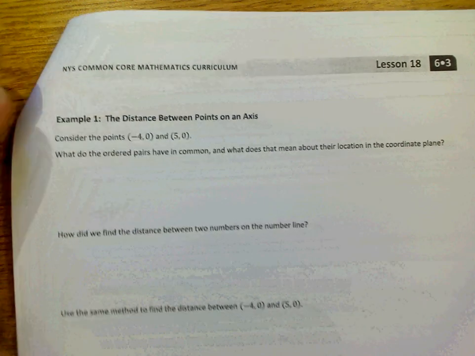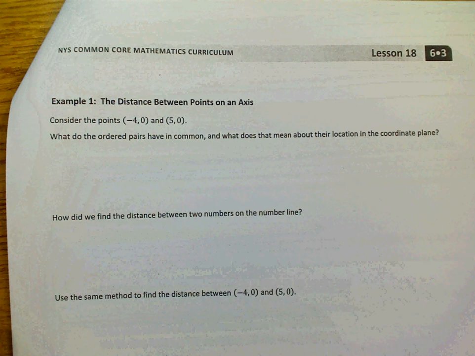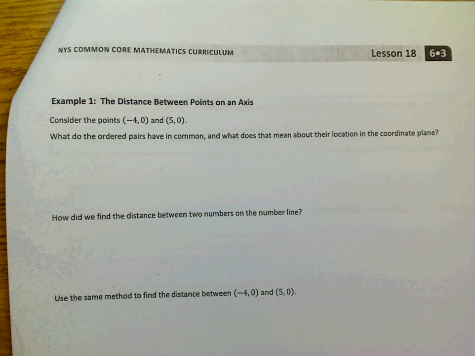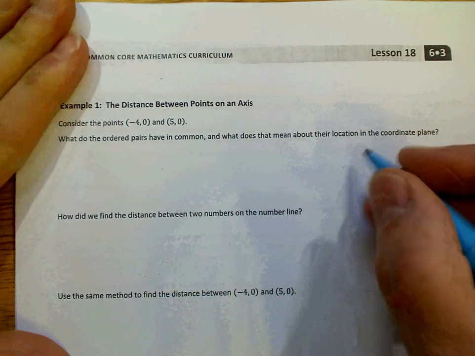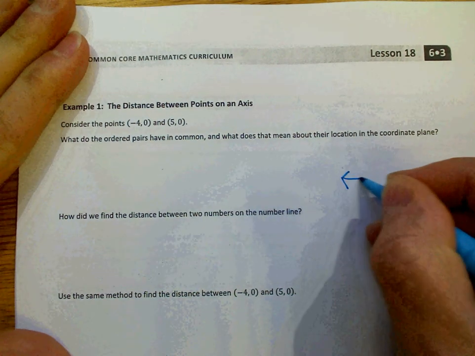Okay. All right, take a look at the top of the next page. What we're doing is taking a look at the distance between 2 points on a simple axis. So that means that we're not going through the entire grid, but we're staying on an axis.